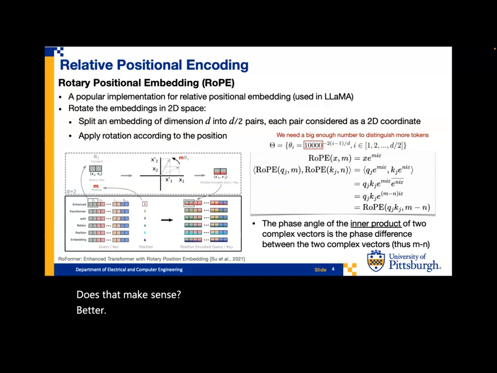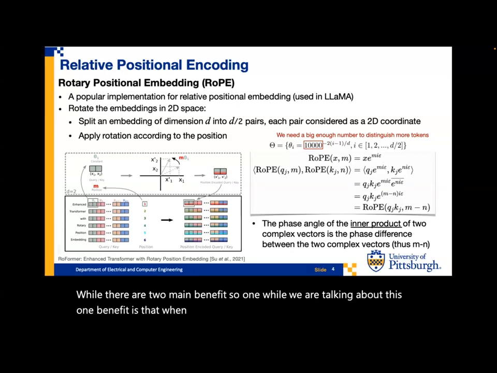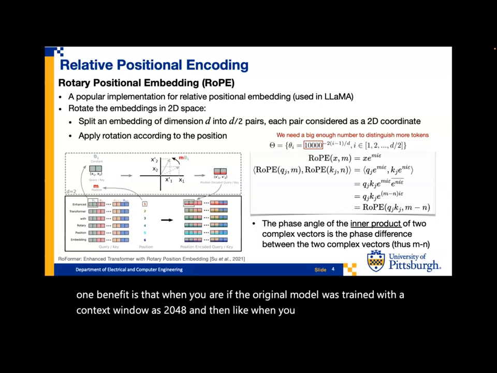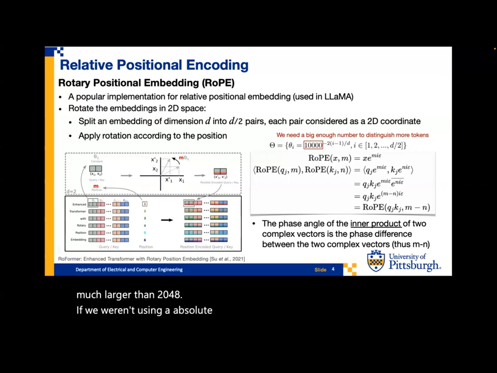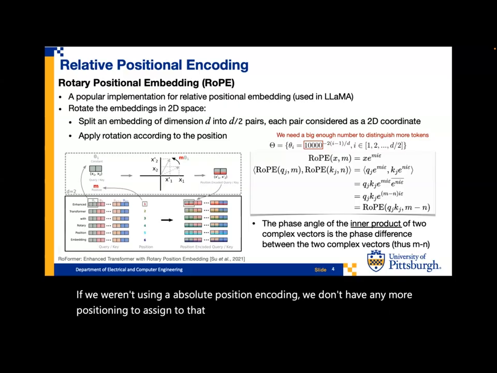Okay. So there are two main benefits. One benefit is that if the original model was trained with a context window of 2048, and then you enter a prompt that's much larger than 2048, if we were using absolute positional encoding, we don't have any more positions to assign to those extra tokens.